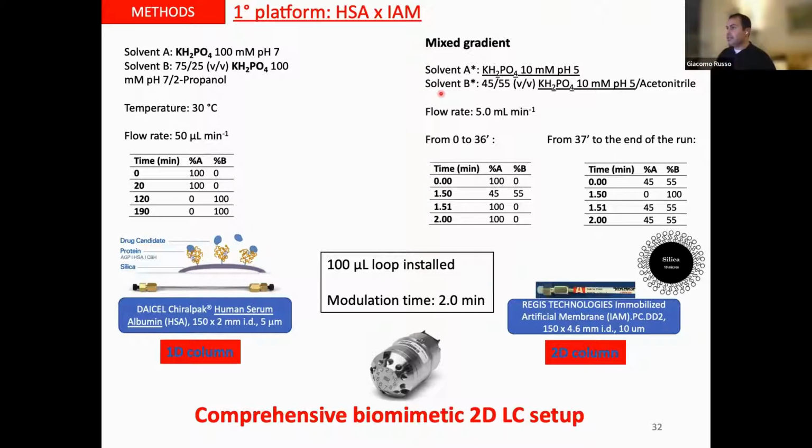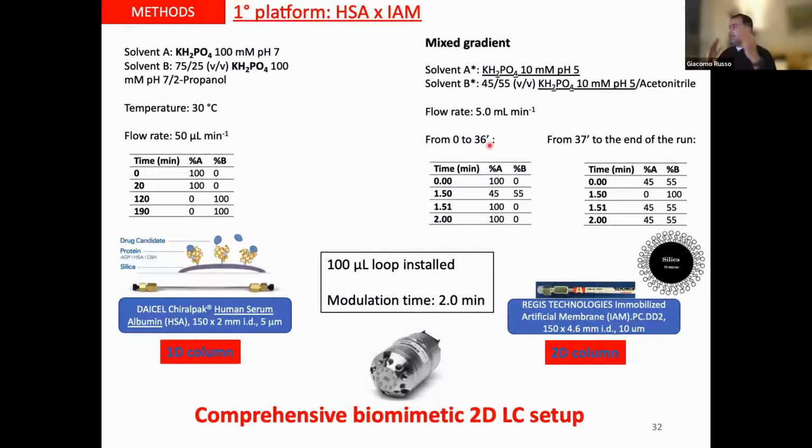In the second dimension, it's very challenging actually to develop a method, because you have a really short time, only 2 minutes, for eluting all the compounds. So we did different conditions.